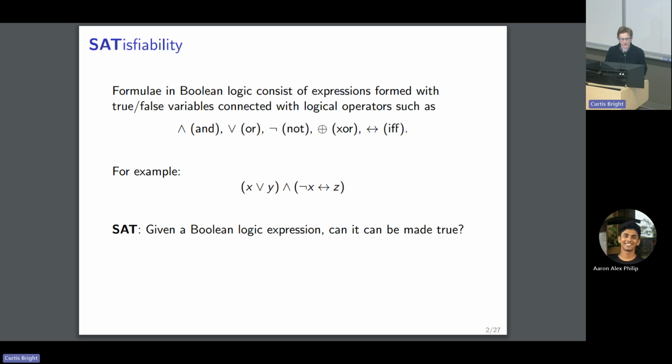So let's go through one example here. Let's say we have this expression: x or y, and not x if and only if z. This is an expression of Boolean logic. Can you make this expression true? Who can tell me if this can be made true?